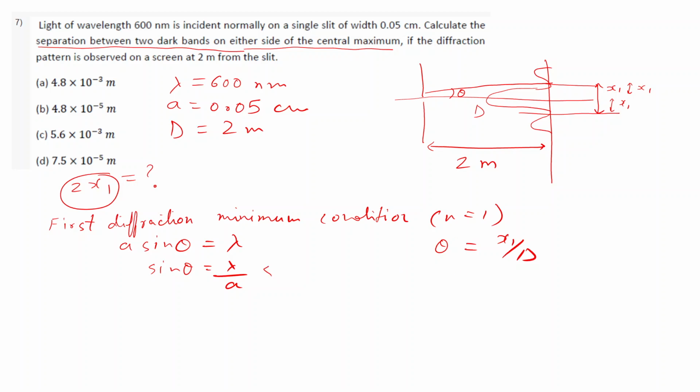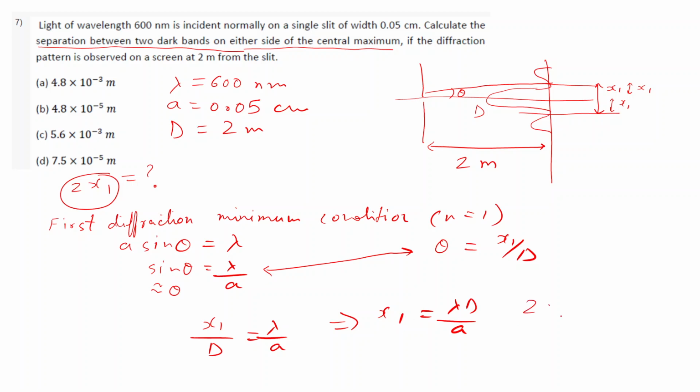From these two things, the sine theta I can equate to theta. From this I will get x1 by d is equal to lambda by a. That means x1 will be lambda d by a, and finally I need to find out 2x1.